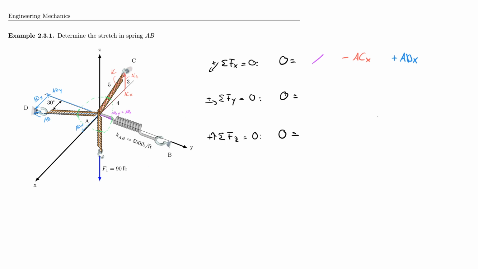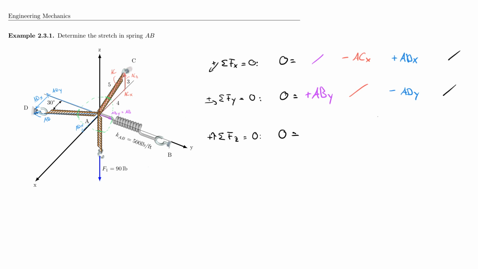This next row is the y direction. So here we have plus ABY. And then we have nothing in the x direction, but we have a negative ADY, so minus ADY, and nothing in the z direction. Maybe we'll show this here.